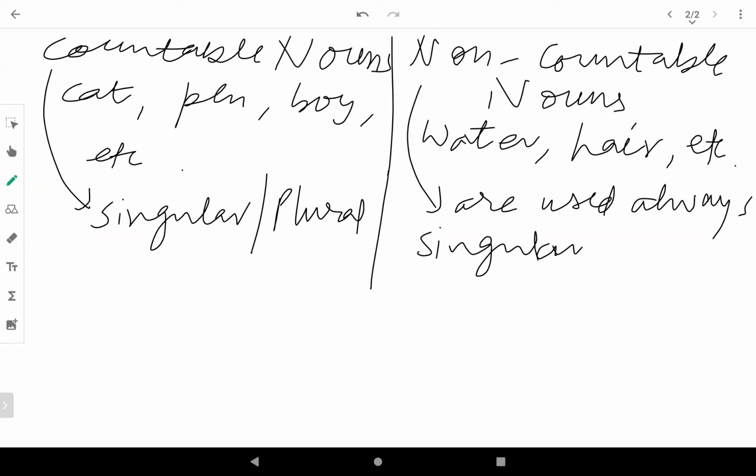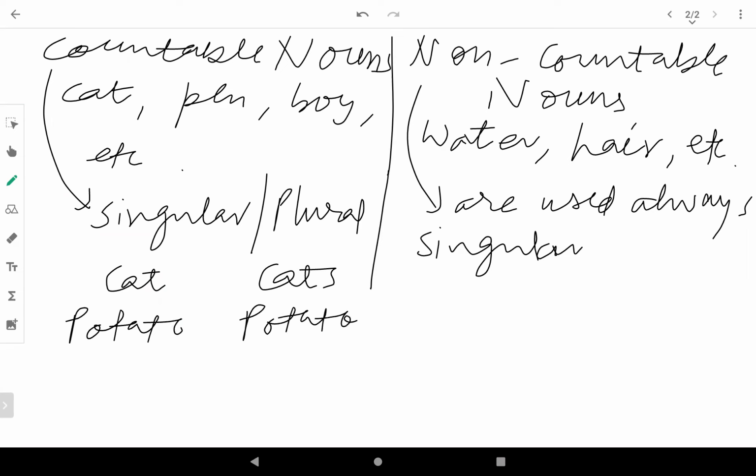Now, in countable, like suppose cake can be made plural, cakes. Potato, potatoes. Like in the first class, I mentioned about this.